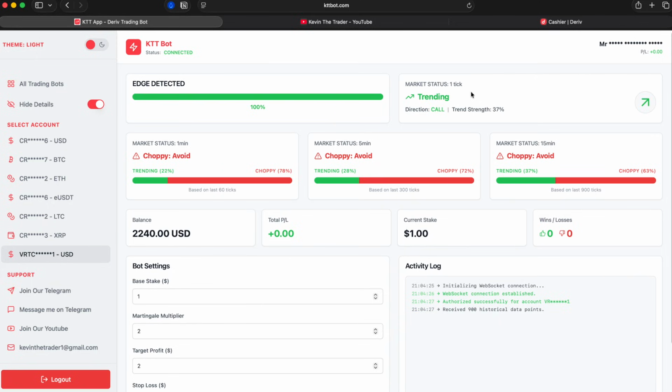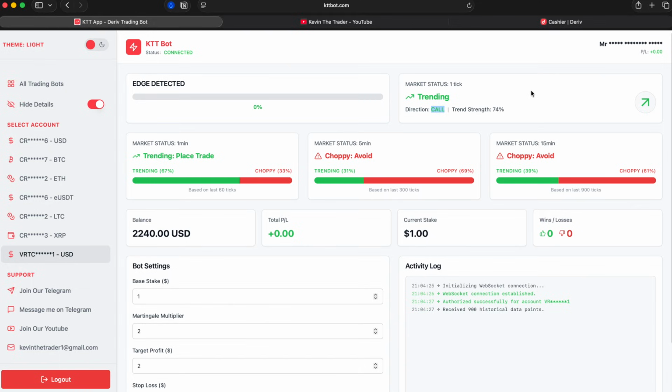If it's trending per second, it will show trending, and if the market is choppy, it will tell you it's a choppy market. The direction here is a call because it's trending. Sometimes you can see the direction as a put, and the market is now trending.